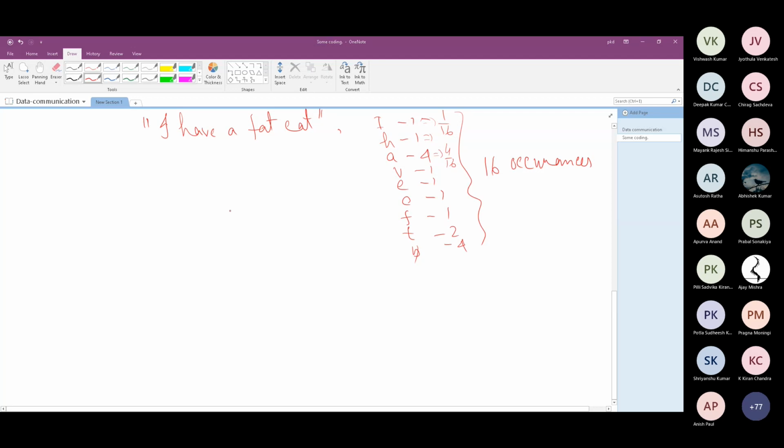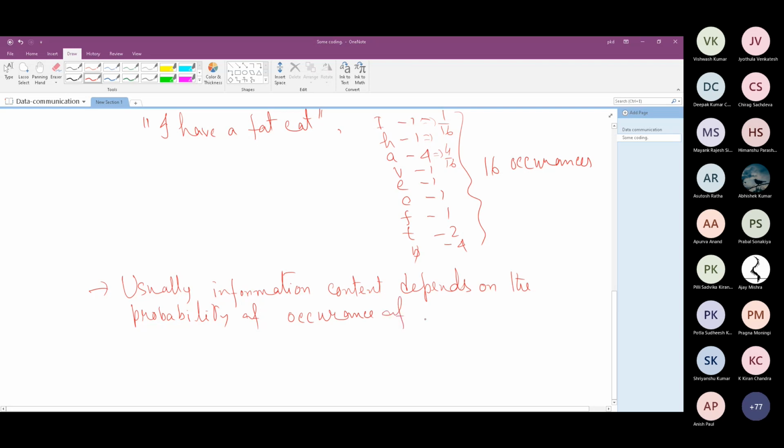Now the information content of any message is dependent on this probability of occurrence of various symbols.